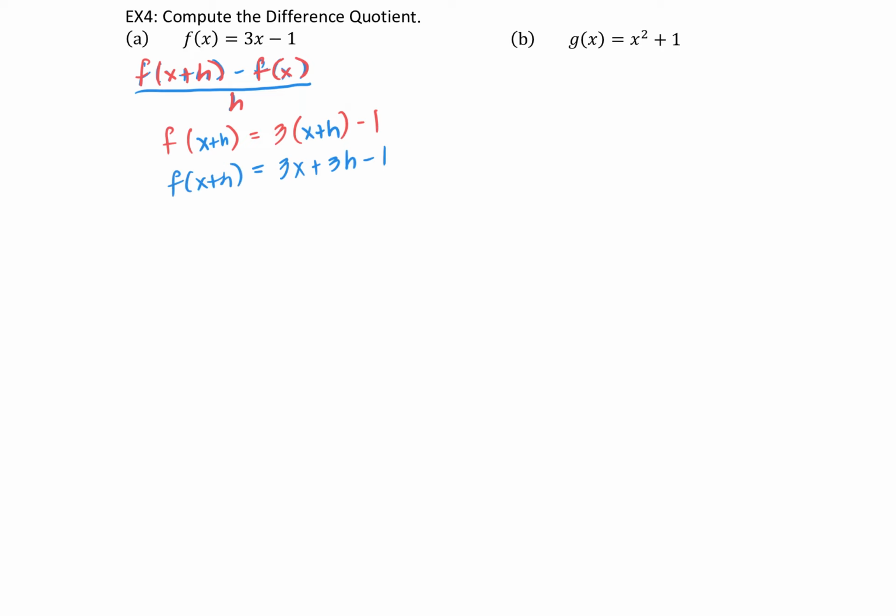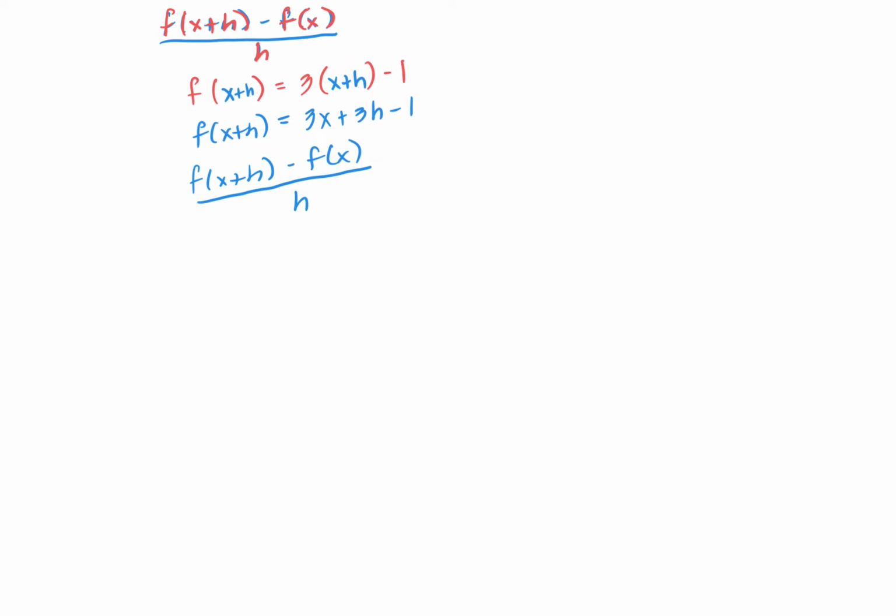And now when I compute f of x plus h minus f of x over h, I have all the pieces I need. F of x plus h is simply 3x plus 3h minus 1 minus my f of x, which is 3x minus 1.